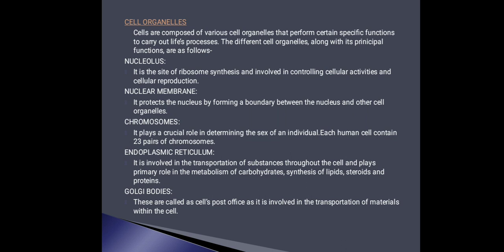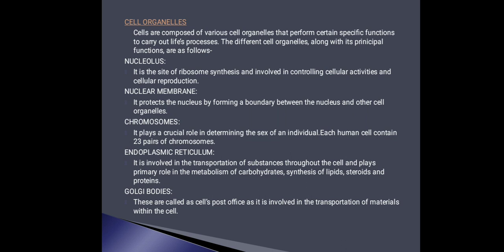Coming to the nuclear membrane, it protects the nucleus, forming a boundary between the nucleus and other cell organelles. Coming to the chromosomes, they play a crucial role in determining the sex of an individual. Each human cell contains 23 pairs of chromosomes.